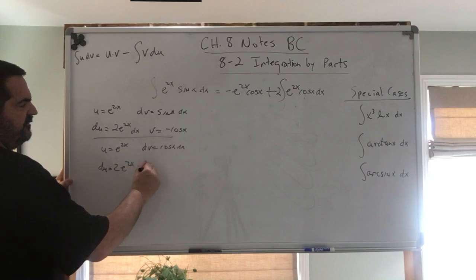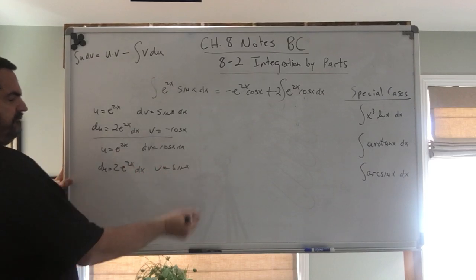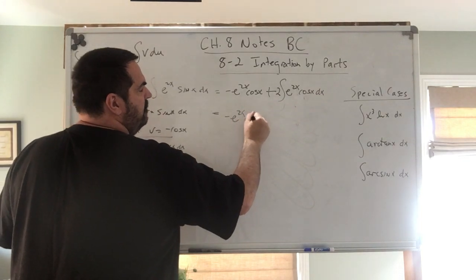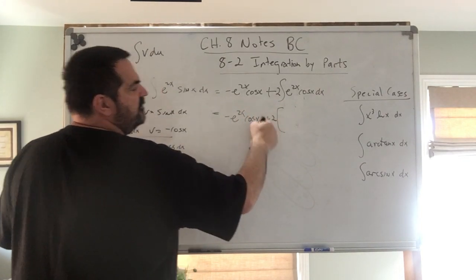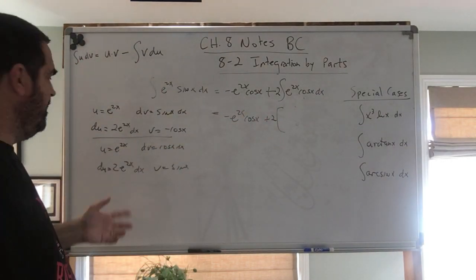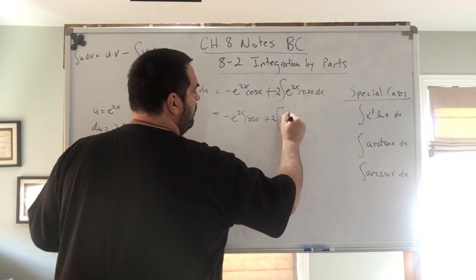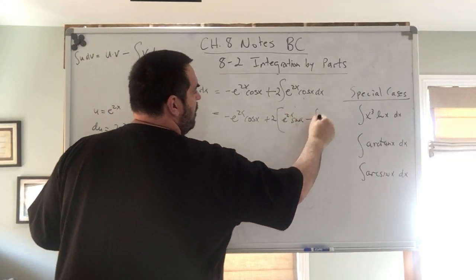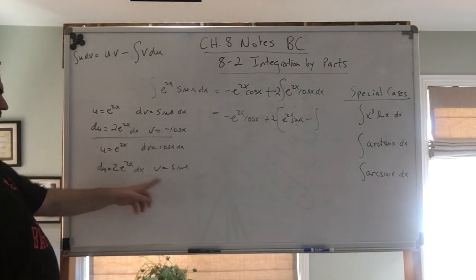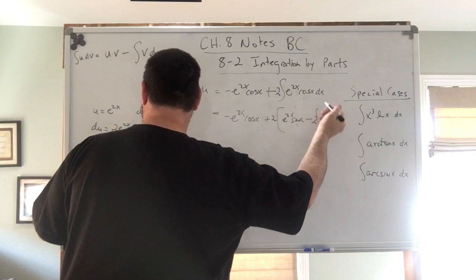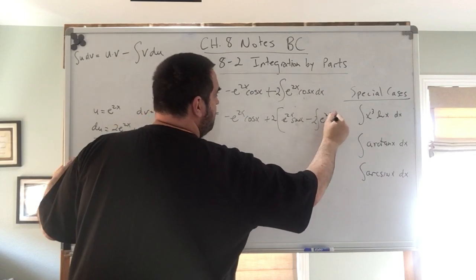I'm taking this derivative, this integral. All right, this part's already out. And there's a 2 multiplying whatever v du I get. So uv is e to 2x sine x minus, again I have a 2, so I'm going to bring that 2 in front, and e to 2x sine x.